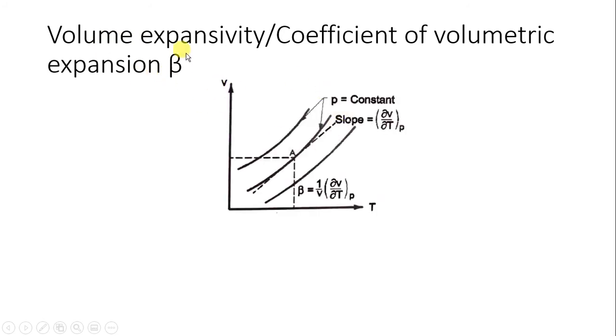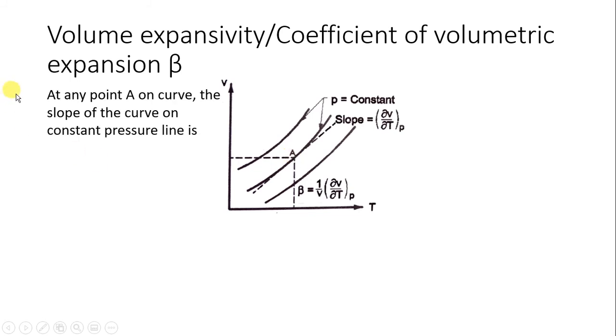Now what do you mean by this beta? So just understand this. Suppose we draw a V by T diagram, volume by temperature diagram, and on that diagram suppose these are constant pressure curves. Now the slope of this constant pressure curve, if you consider any point A on the constant pressure curve, what will be the slope?